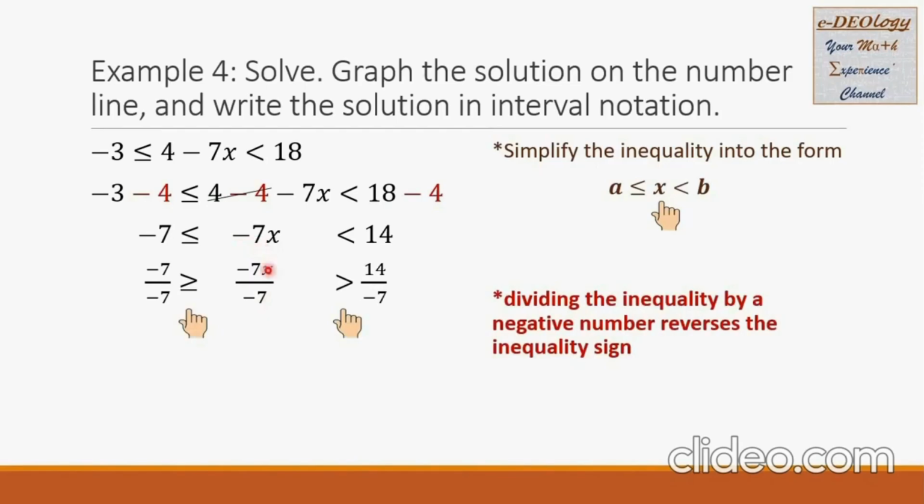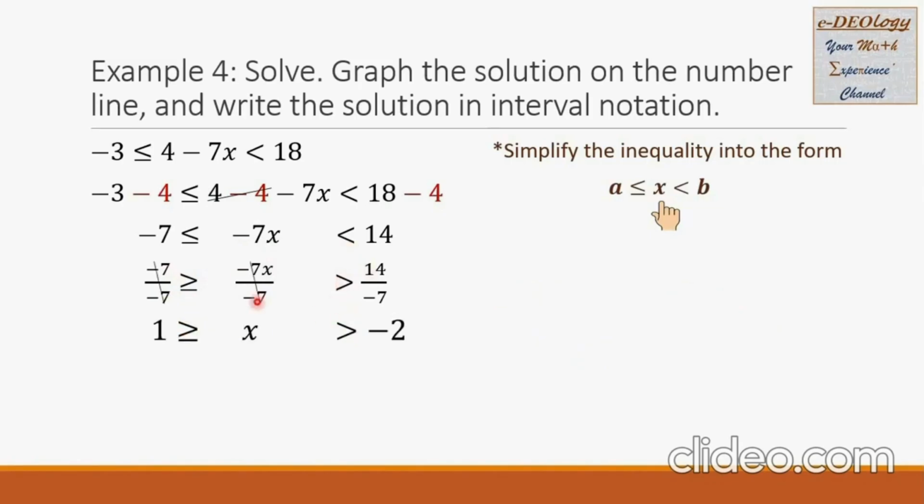So negative 7x divided by negative 7, look at the sign here. It becomes greater or equal. In the sign here, from less than, it becomes more than. Now we can cancel the coefficient of x and the negative 7 as divisor. Only x comes down.